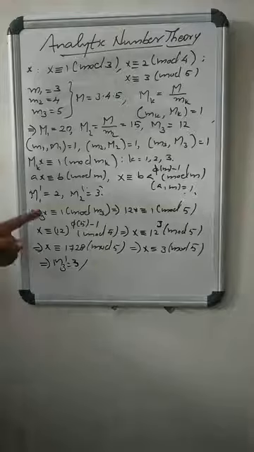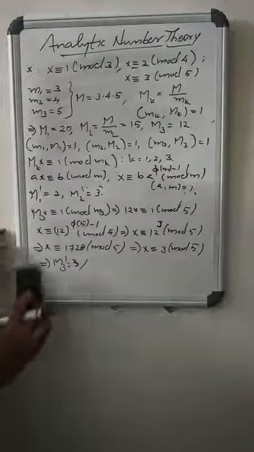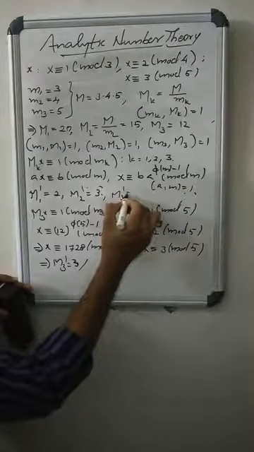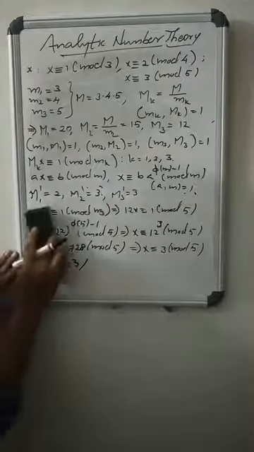So there are three values: m_1 dash equals 2, m_2 dash equals 3 and m_3 dash equals 3.